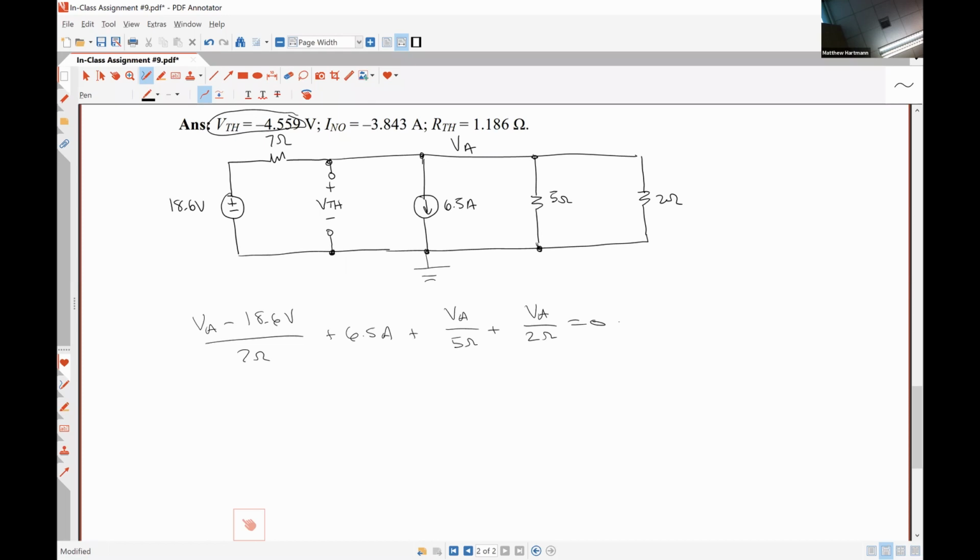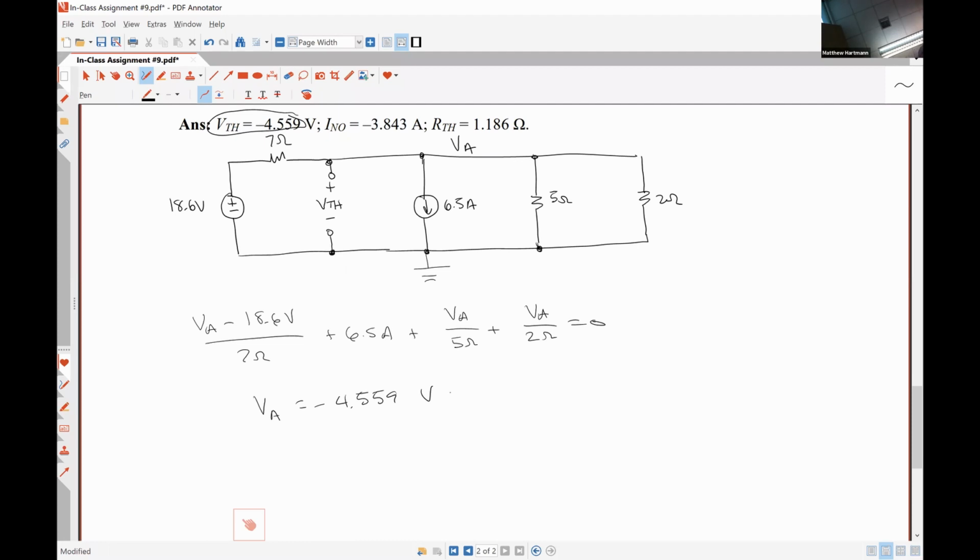Peasant calculator is taking its sweet time. VA is equal to negative 4.559 volts. So the exact same result, but we got it in one step instead of 3 or 4. Again, there was nothing remotely wrong with the line of reasoning in the analysis that we did the first time. It's just not the most efficient method. So I just wanted to let you guys think about that for a second.